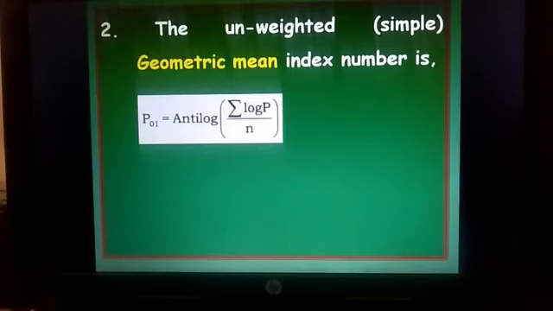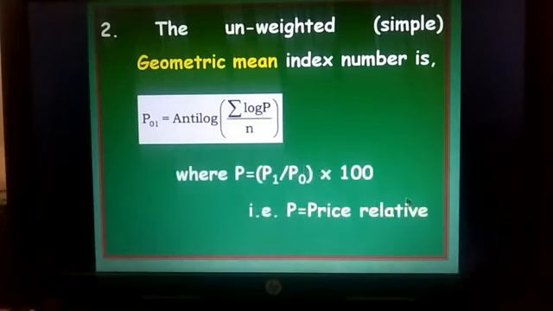The heading itself is like that. That's why here this capital P is equal to P1 divided by P0 multiplied by 100. That is, capital P is equal to price relative.